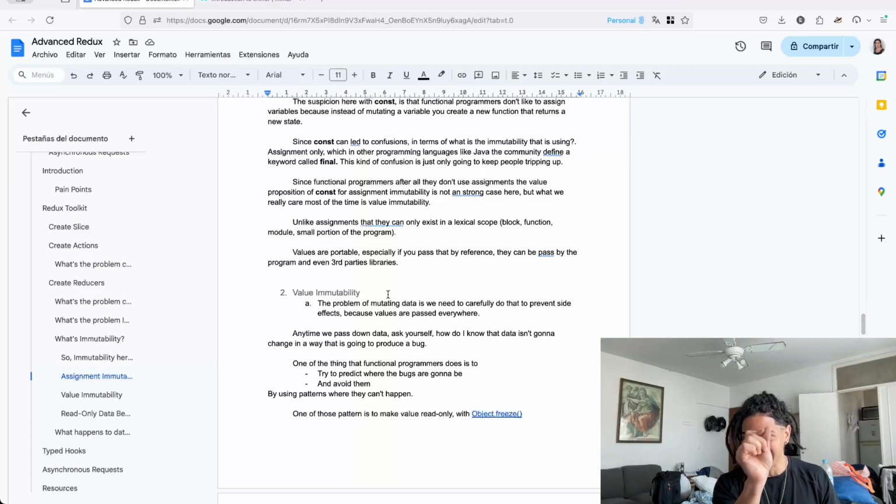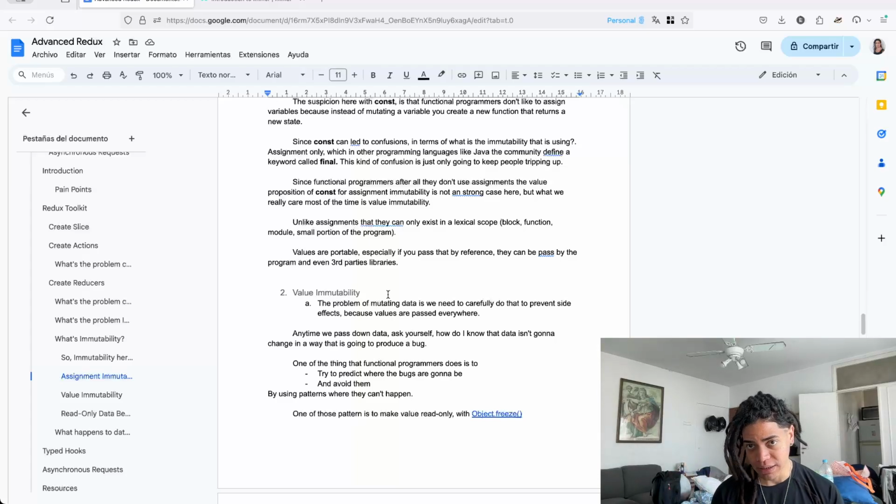It's like saying, hey, this data that I'm passing to this function is read-only, using Object.freeze. This is a pattern you can use as you write your application with a functional programming approach, to indicate to the author or maintainer of that code that the data being passed down is read-only.